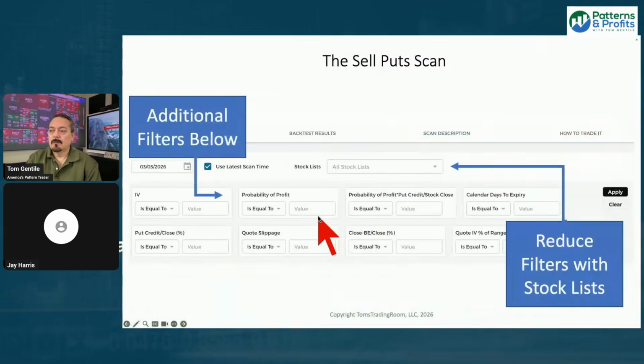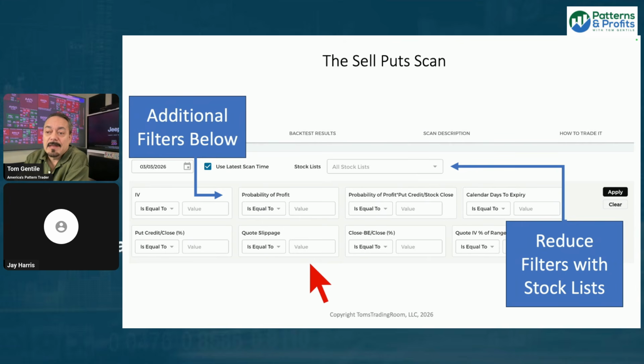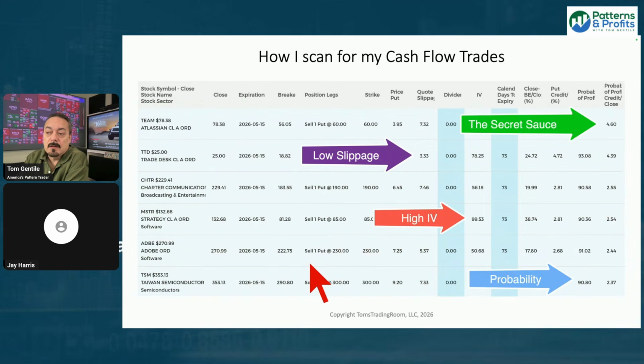So we've taken a look at our trade with the sell put scan. If I have too many, I'll come in here and reduce the filters and put a stock list in. We've done that before. I'm actually going to come back to this because I want to get to the trade itself. We discussed the secret sauce, which is the probability of profit times the credit divided by the close.